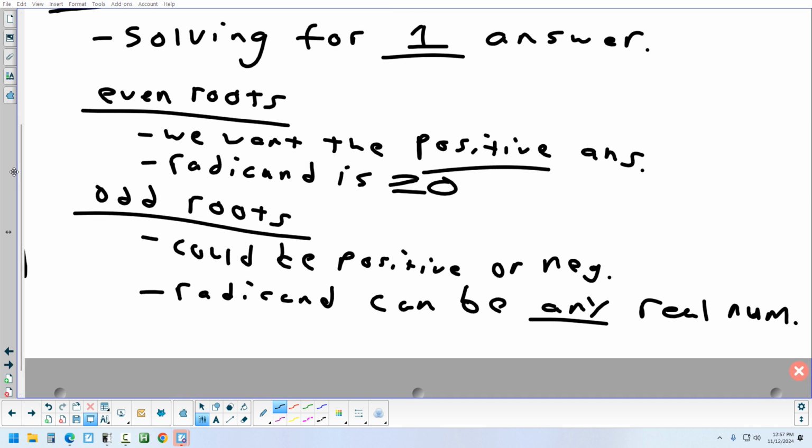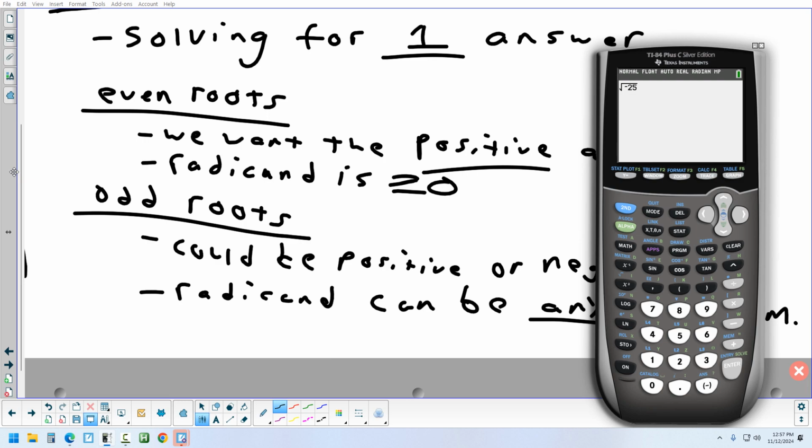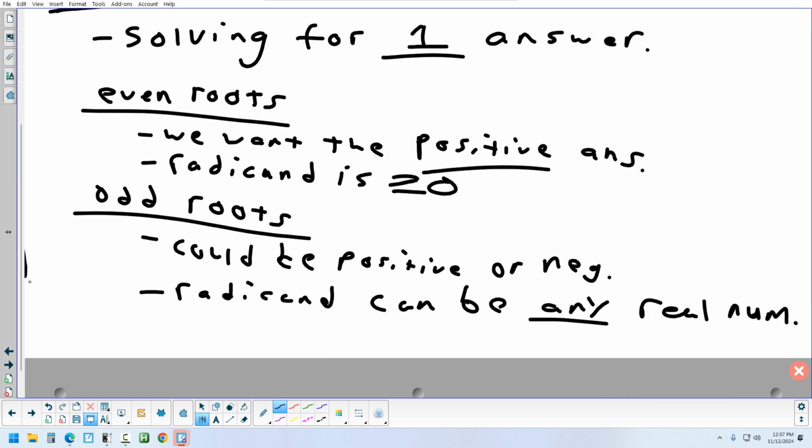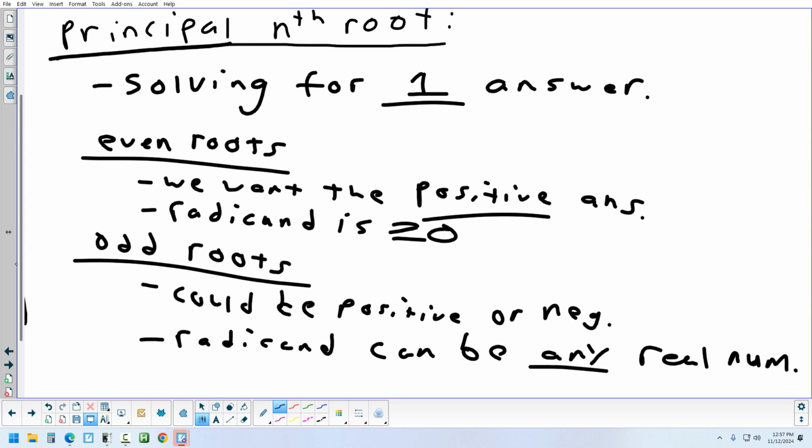Odd roots, it's not a problem for the radicand to be negative, and that's what I showed you with the cube root of negative 8. It worked fine. So for odd roots, you can take the root of any number. Even roots, it has to be 0 or higher. Could you keep that up just a second?